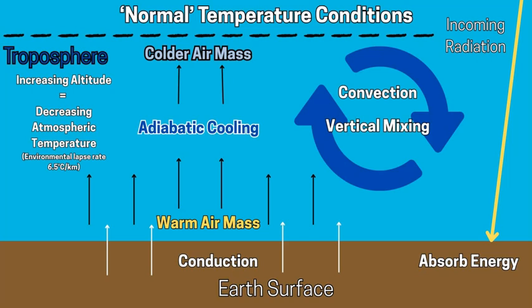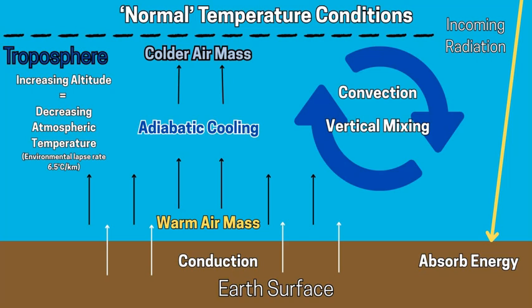So the warmer air mass will rise, and we have adiabatic cooling, which means that a change in pressure will change the temperature, and we have this vertical mixing of the atmosphere where the warm air is rising and gets to around 15 kilometers above the surface, where you have the tropopause.